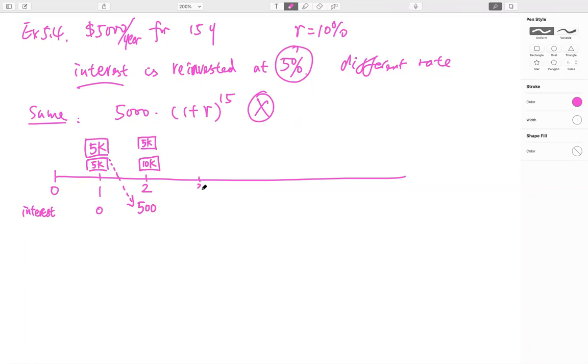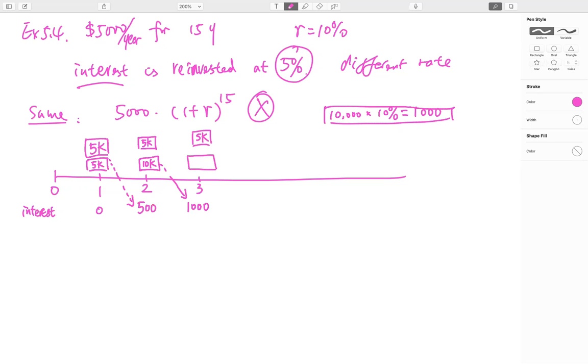So at the end of 3, how much would it be? It would be 1,000, because you would apply 10,000 times 10%, right? That would give you $1,000 interest. So this is the interest from there. Okay, then she deposits another 5K.